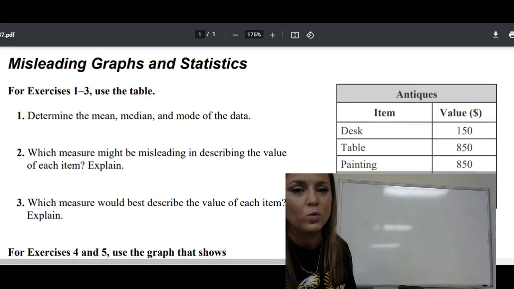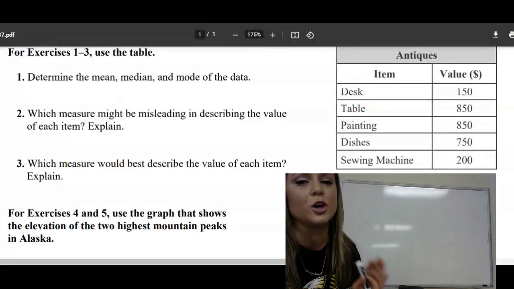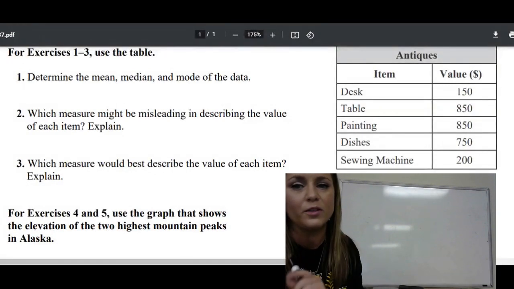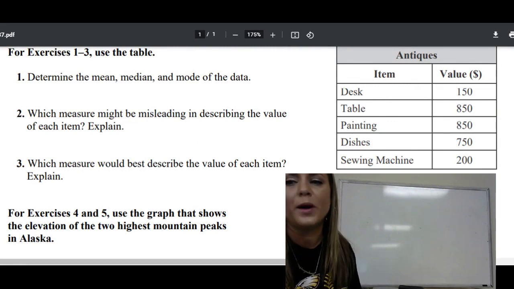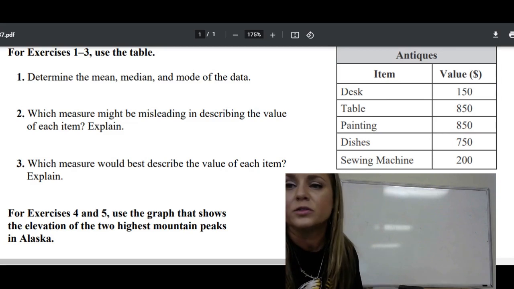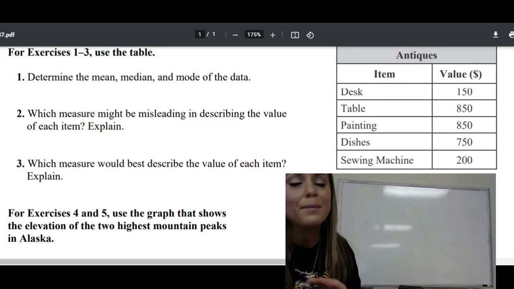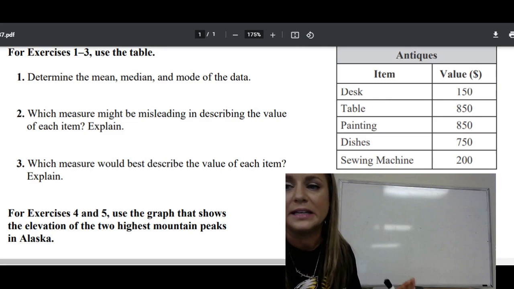So for exercises 1 through 3, we're going to determine the mean, the median, and the mode of the data. So here is my table. It's antiques, the items: a desk, table, painting, dishes, and sewing machine. And here's the value. We're going to be using the numerical values, under the dollar sign. So I'm going to put that in order from least to greatest.